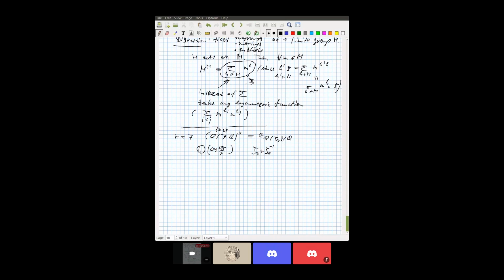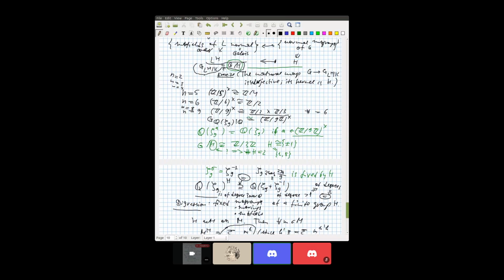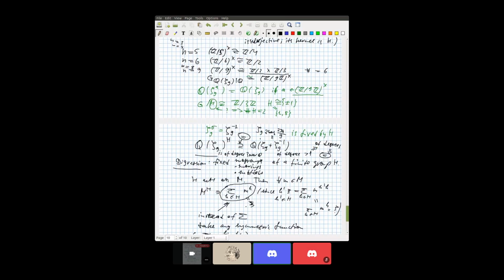And then of course this group is cyclic of order 3. But maybe I should ask you how to describe the Galois group of this. You see that there is no much difference between this example and that.